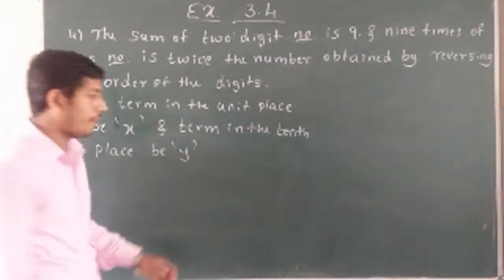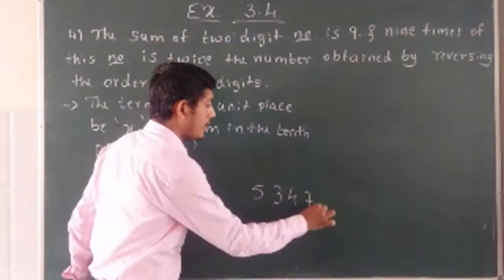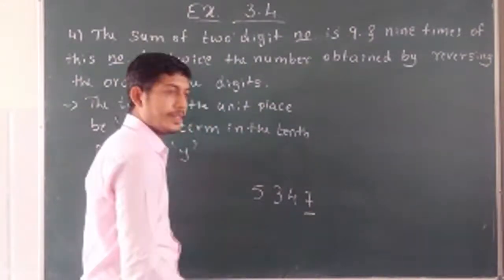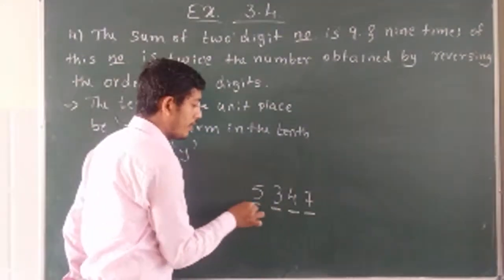Because if you consider 5347, this is the unit place, this is the tenth place, then the hundred and thousand places.